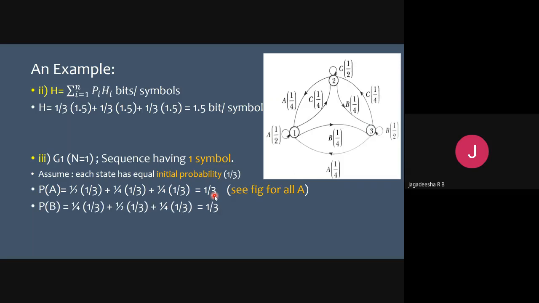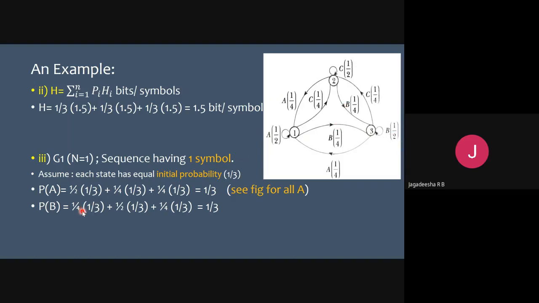Similarly, can we generate B? Yes, from every state we can generate B. For example, from state 1 we can generate B as shown here. Or from state 2, can we generate B? Yes, here. From state 3, can we generate B? Yes, it is here. So it is 1 by 4, 1 by 4, and 1 by 2.